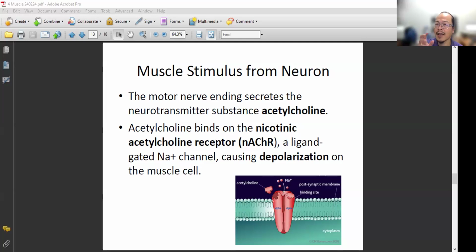So now, ligand-gated ion channel. Ion, what ion? In this case, nicotinic acetylcholine receptor, the ion is sodium. So sodium can go in or out. When it opens, sodium freely moves across. The net effect is from high concentration to low concentration.